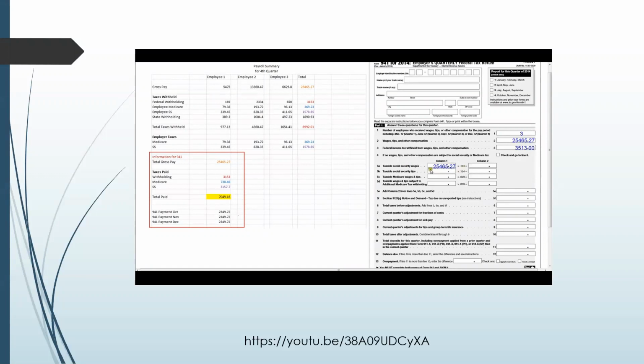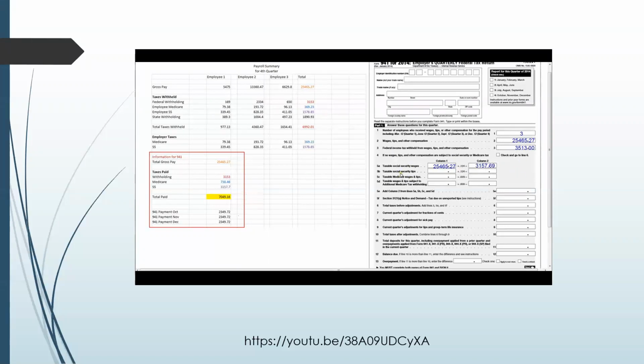So if I multiply this number times 0.124, I'm going to come up with a total of $3,157.69. And make sure that you do multiply by that number and you don't just take this number that you've calculated yourself, because there might be a couple pennies difference, which we're going to note on this form as well.